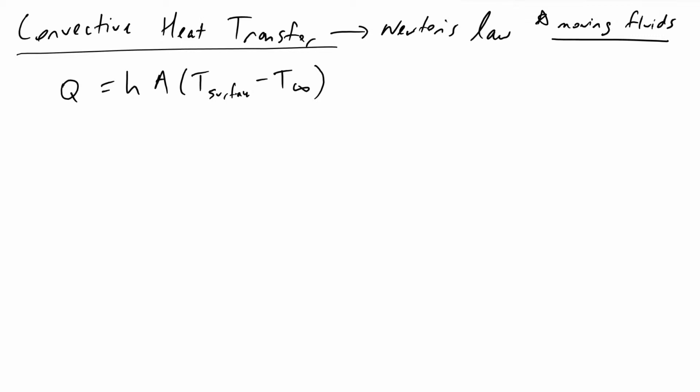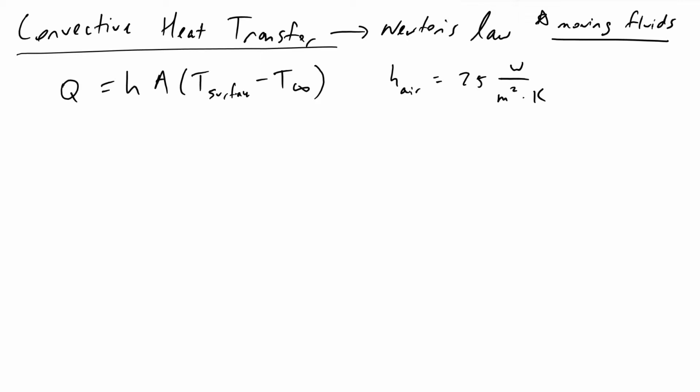To work through an example problem and give some ballpark figures for what these values typically are, if we look at air, we know that air has a value of 25 watts per meter squared per Kelvin for its heat transfer coefficient.